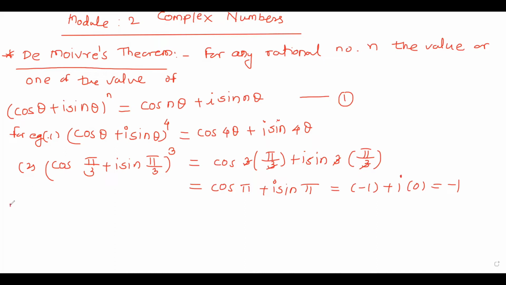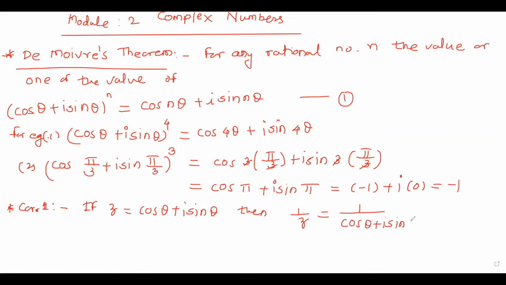There is one corollary based on this. Corollary 1 says that if z is equal to cos theta plus i into sine of theta, then 1 upon z is nothing but 1 upon cos theta plus i sin theta. But as you know, a complex number in the denominator is not a standard form, so we have to simplify this by multiplying by the conjugate.